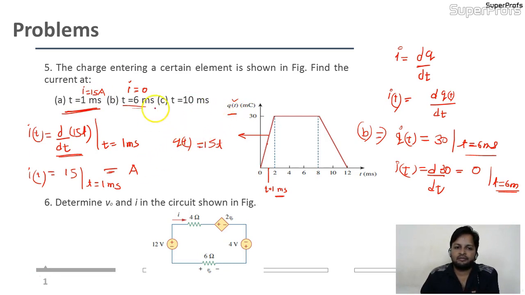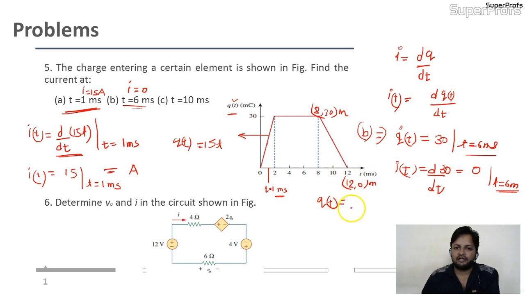Now come to the t equal to 10 millisecond. Here is the 10 millisecond. Here at t equal to 10 millisecond, the charge equation is given by this, right? And the charge equation, when you find out, is the line passing through 2 points, 8 and 30 in milli, and 12 and 0.